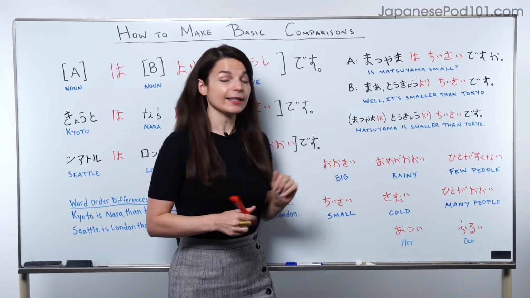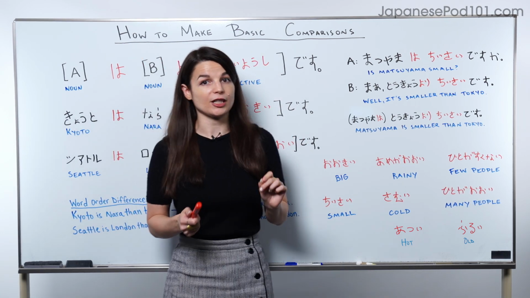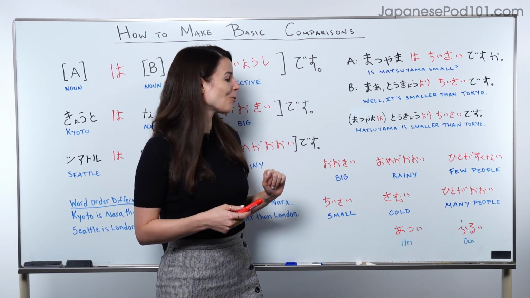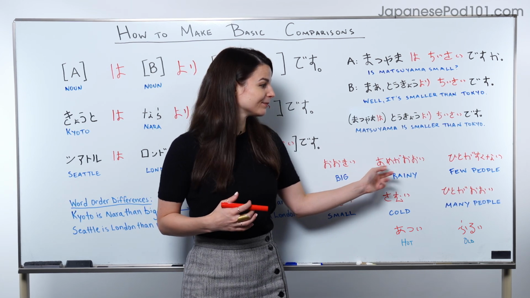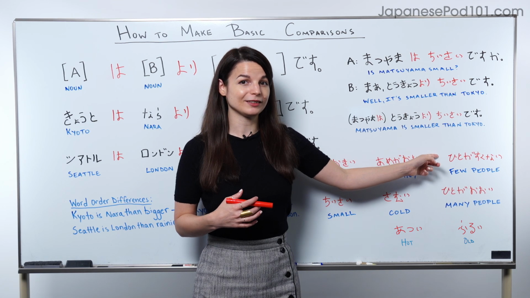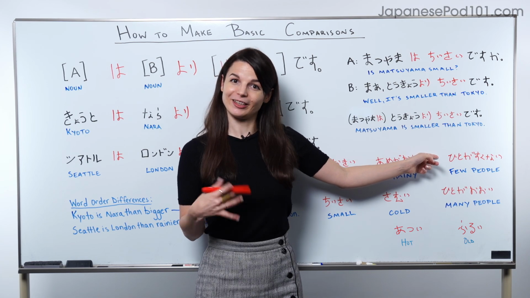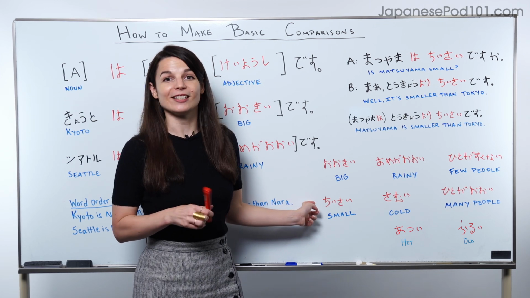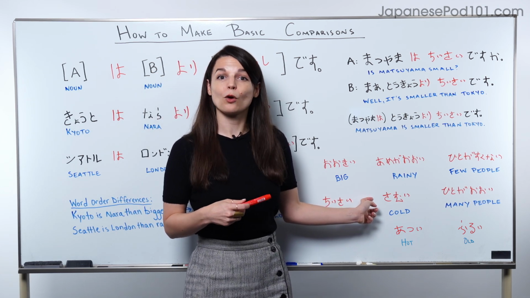Okay, so let's take a look now at some key vocabulary words, some adjectives that we can use in this adjective position. First, 大きい, big. 雨が多い, rainy. 人が少ない, few people. 人, people, が, subject marker, 少ない, few or little. 小さい, small or little. 寒い, cold.